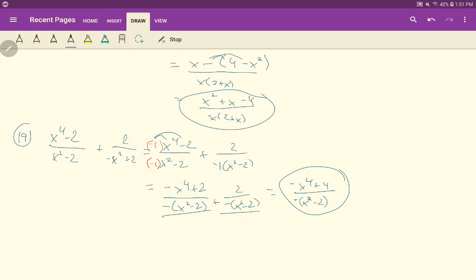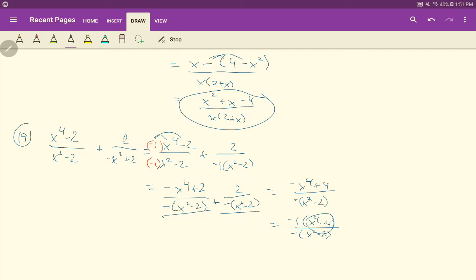Actually, never mind, we can factor here. My bad. If I take a negative 1 out of the numerator here, I'm left with x to the fourth minus 4, and that's a difference of squares right there. And then I still have the negative x squared minus 2.